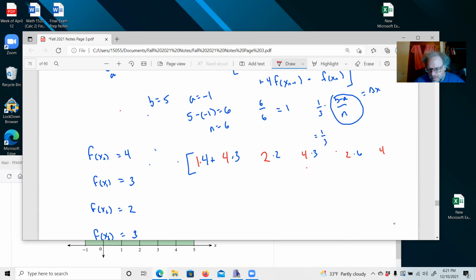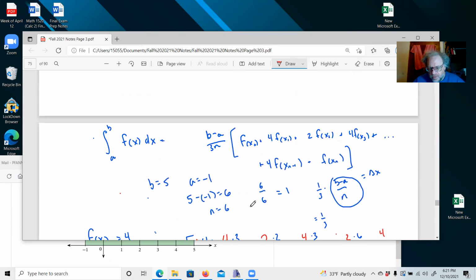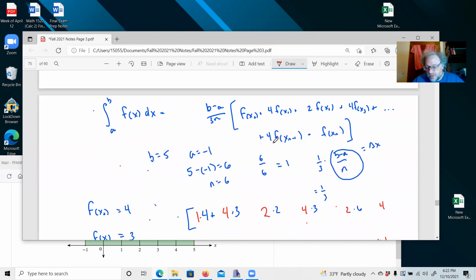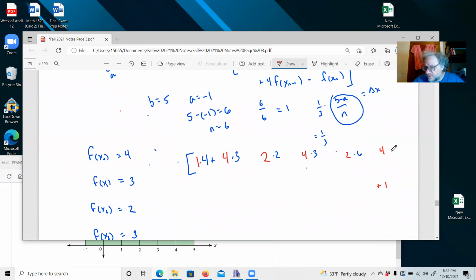Okay. So notice that's how I screwed up, because the ending has to be 4, and then finally the last one has to be a 1. So it's 4, 2, 4, 2, 4, 2, 4, 2, 4, and then 1. Okay. So just try to remember that pattern. Again, it's going to be on here, but make sure that before the last one, there's a 4 times something here.